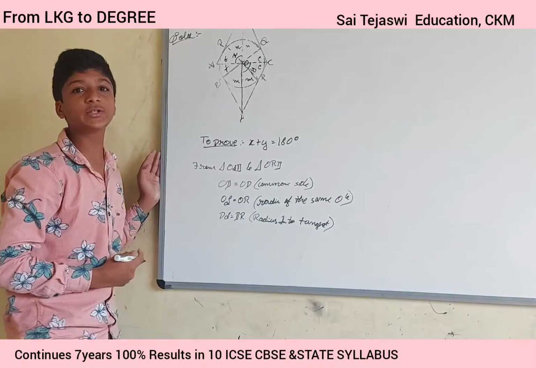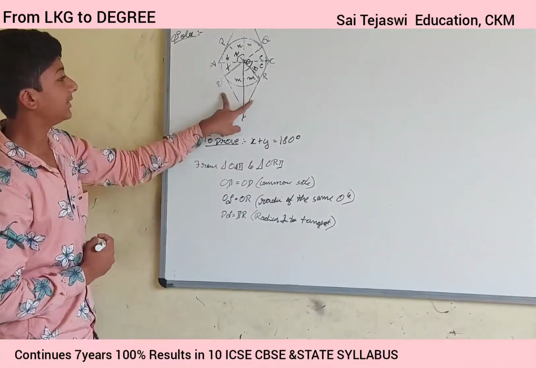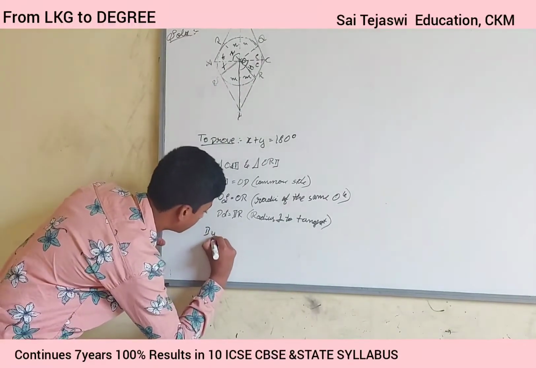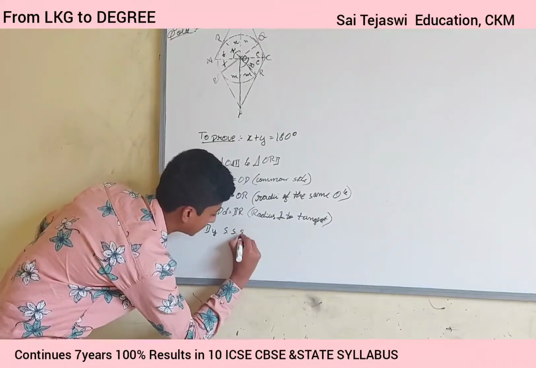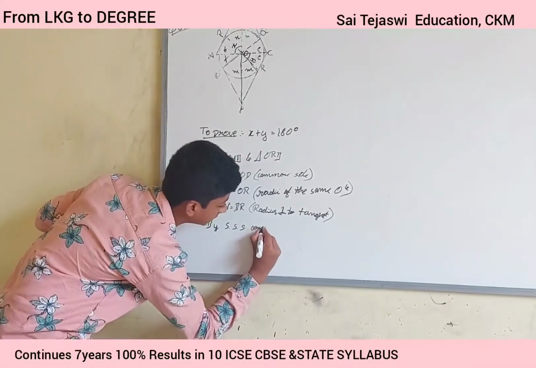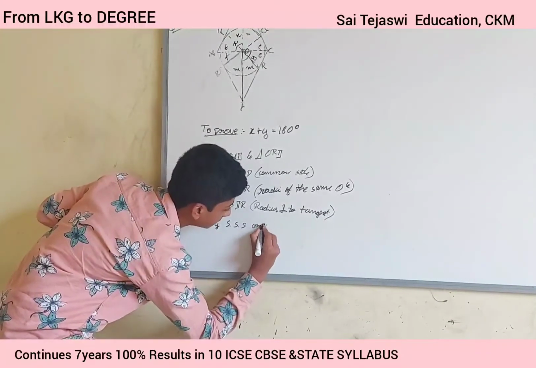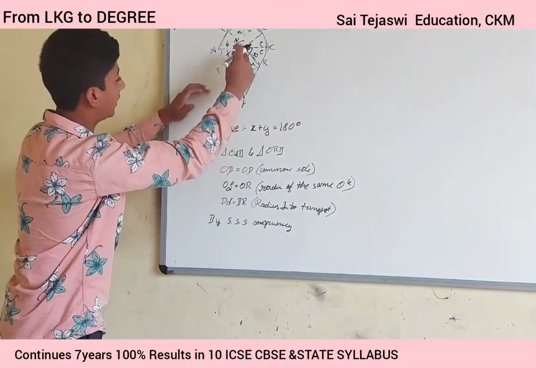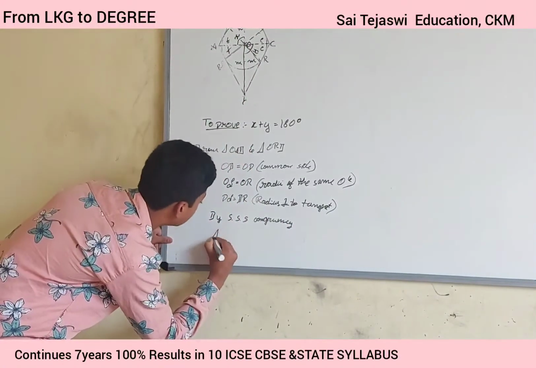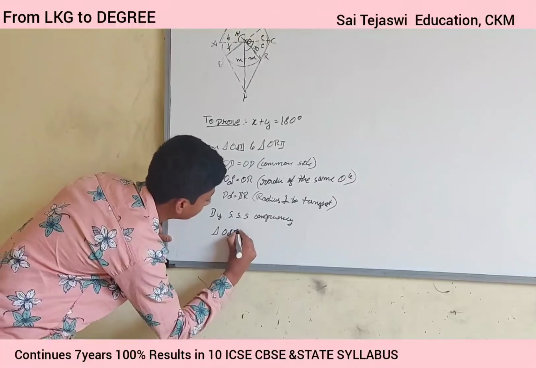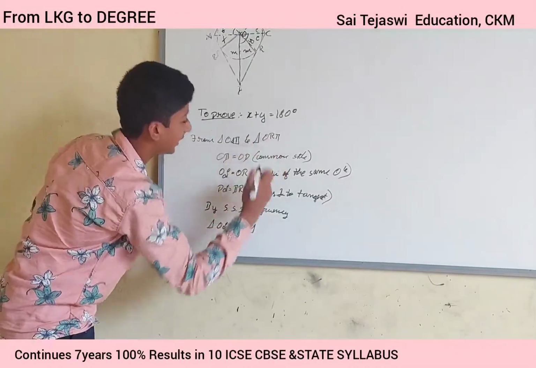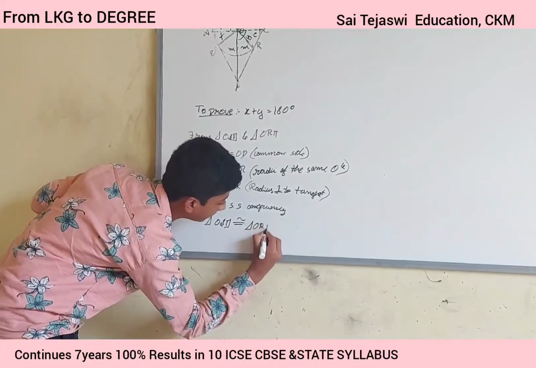So by SSS congruency we can say that these triangles are congruent: triangle OSD is congruent to triangle ORD.